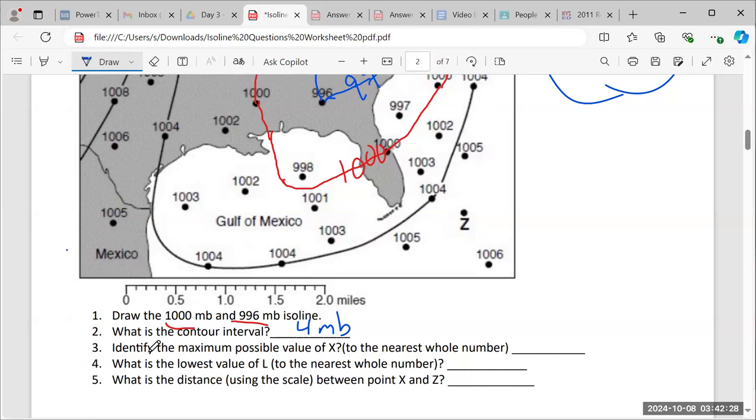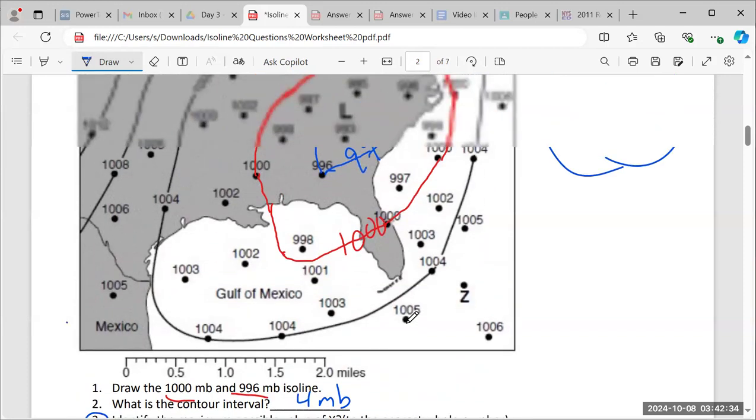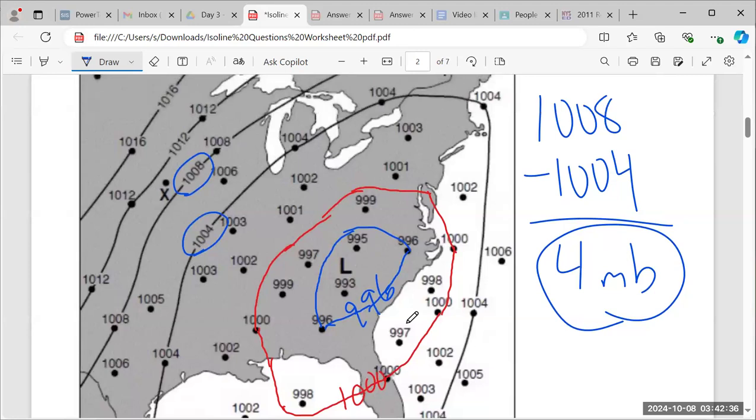Number three says, identify the maximum possible value of x. What is x located in between? X is given right here, and x is located in between 1008 and 1012.